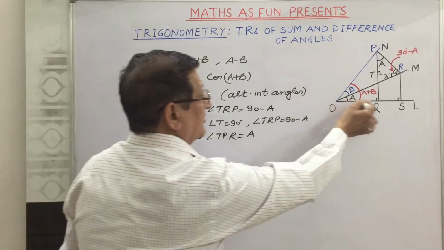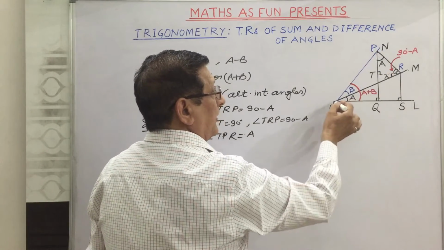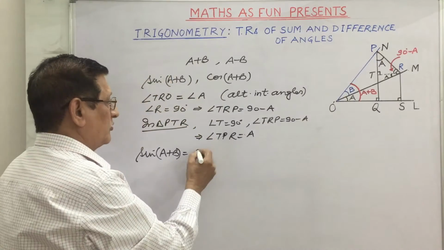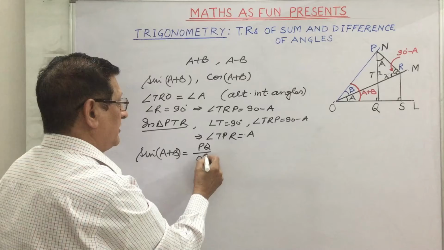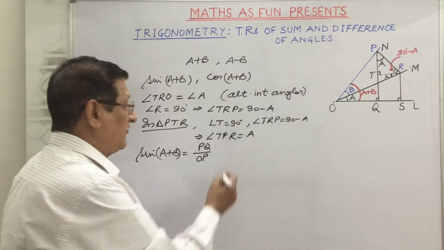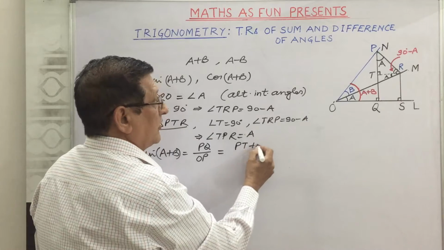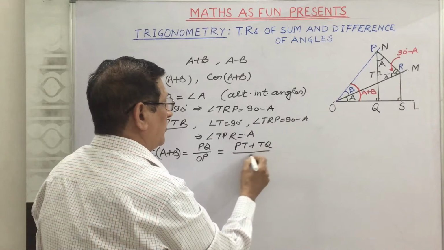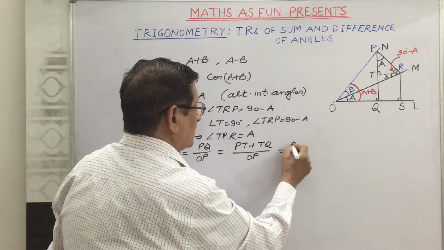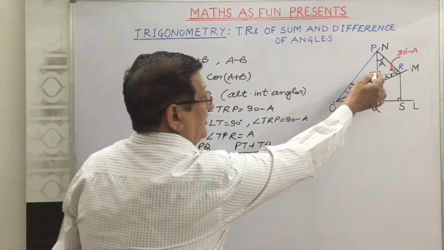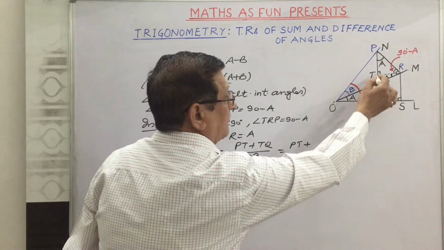we can see in this particular triangle, sine A plus B is perpendicular upon hypotenuse. Perpendicular is PQ. Hypotenuse is OP. Can we write this PQ as PT plus TQ upon OP? We can also write this as PT plus RS upon OP, because TQ and RS are the same, since this is a rectangle.